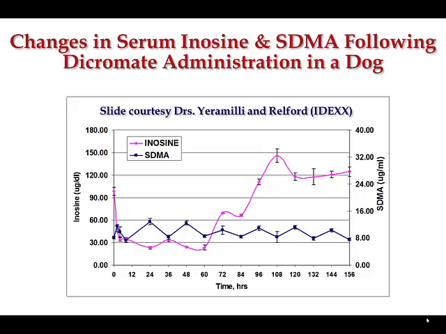Again, in this model, compared to SDMA, which is going to be this more long-term marker of glomerular filtration, you can see that inosine concentrations dropped very dramatically, very precipitously in this dog, or this group of dogs, and stayed low until there was some recovery of the damage, in which there was regeneration and recovery of the inosine concentrations. Dr. Yerramilli's here in the audience, and these are his data.